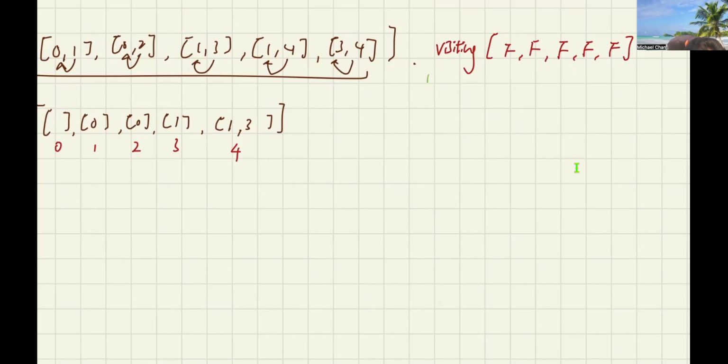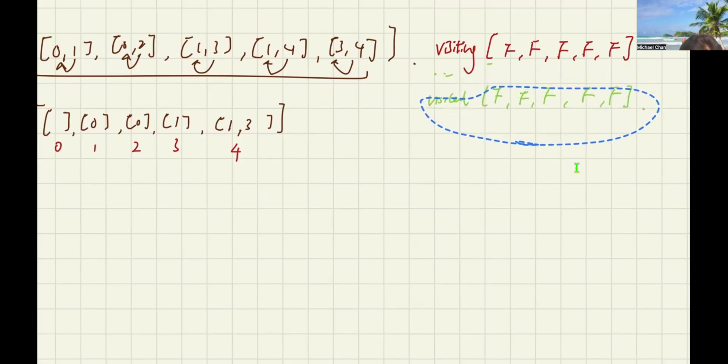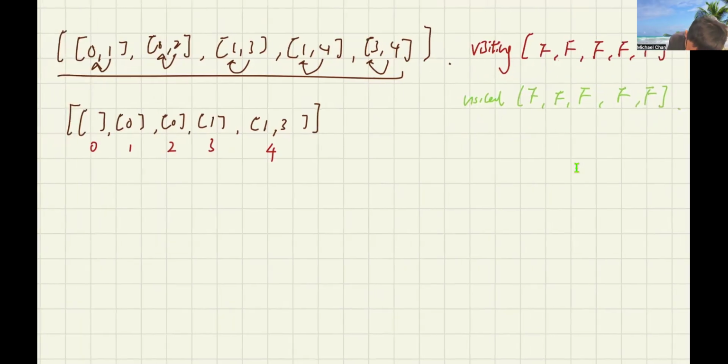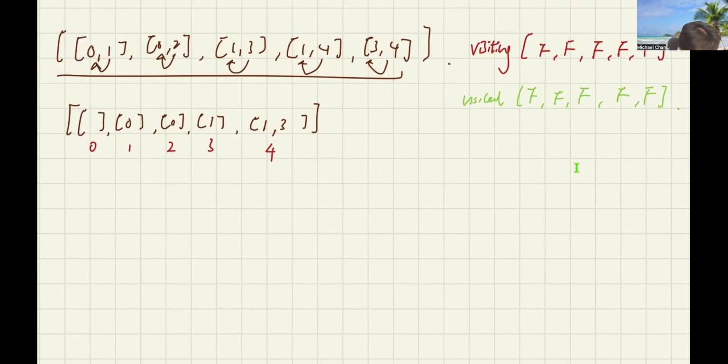And I'll have another called visited, which is false, false, false, false, and false. Okay, cool. I'm just running through the algorithm here. So we have everything we need: the adjacency list, the visiting vector and the visited vector.